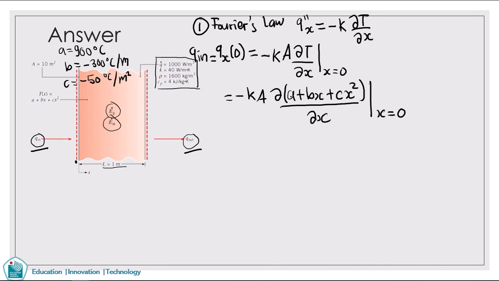So the A will be 0, the Bx will be B, and we have the 2Cx. So this equation becomes minus kA times B plus 2Cx.